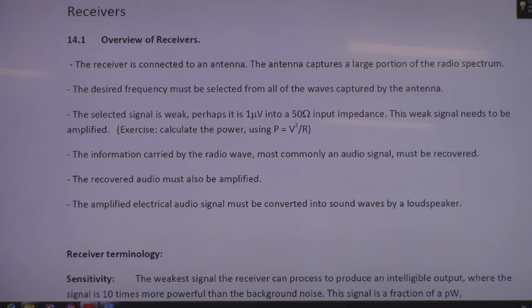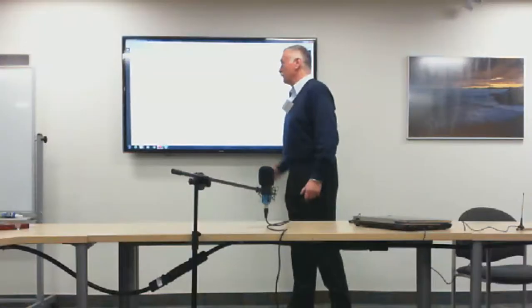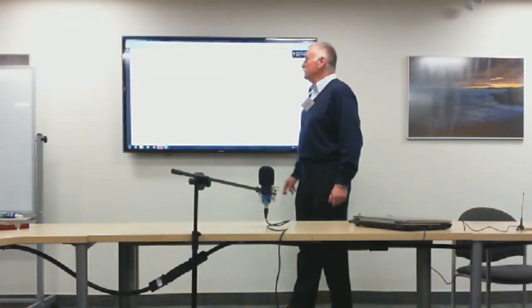You want to make a point-to-point contact, and you really don't want to pick up anybody else's transmissions. But the antenna cannot help because the antenna has a beam width. It would pick up anything coming from a direction within the beam width. So therefore, the receiver must have a circuit to provide selectivity.